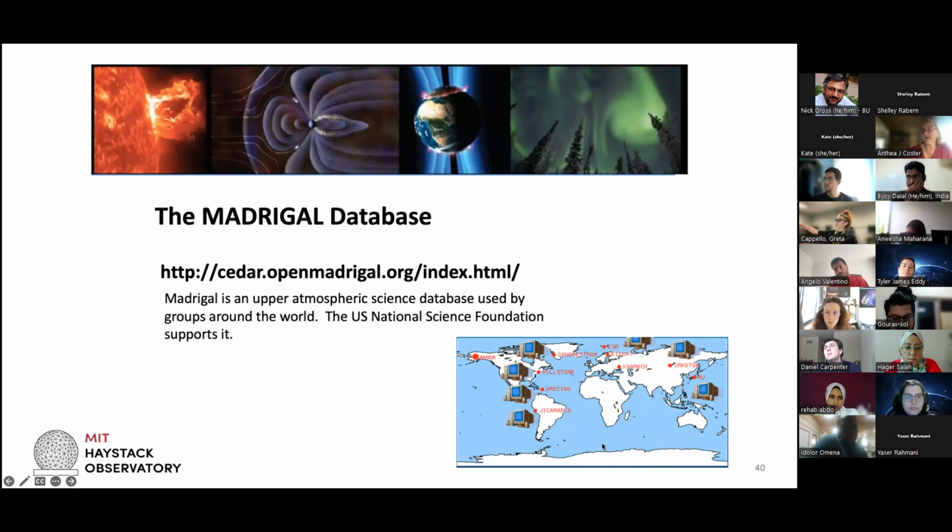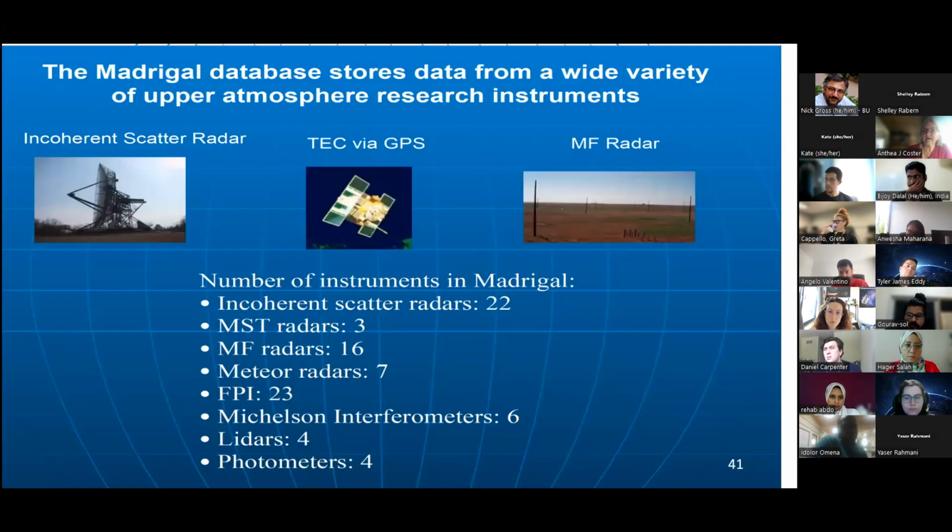So if you are interested in seeing it, just go to Madrigal and pick out the incoherent scatter radar, and it produces plots so you can see what we saw for any interesting time period that you want to look at. We actually have a number of different instruments in there.